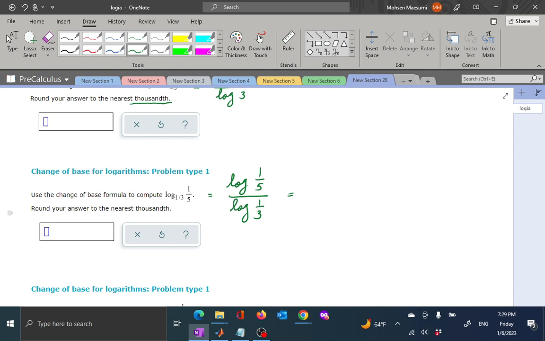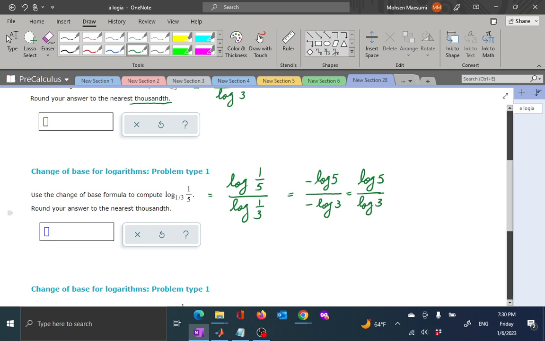Logarithm of 1 was 0. Or we had another rule that logarithm of a reciprocal is the negative of the logarithm of the denominator. So the same thing applies on both of these, and then if you wish to use this one, that is perfectly fine. Either of them is acceptable.